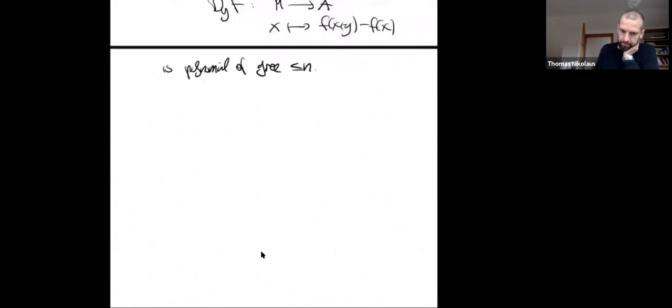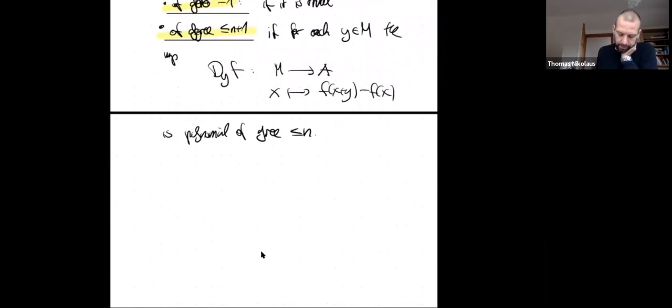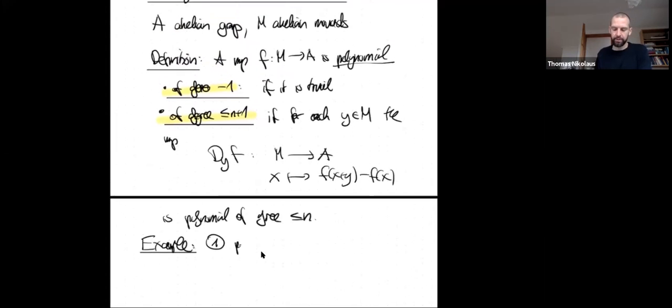Okay, so that's the definition of being a polynomial map between abelian groups, or say from a monoid to an abelian group. Okay, and I guess, well, let's make one example. For those of you who haven't seen that definition, this looks a little bit confusing at the beginning. Well, let's first work out what polynomial means. And of course, I should maybe have said this. In general, I just call a map polynomial if it's polynomial of some finite degree.